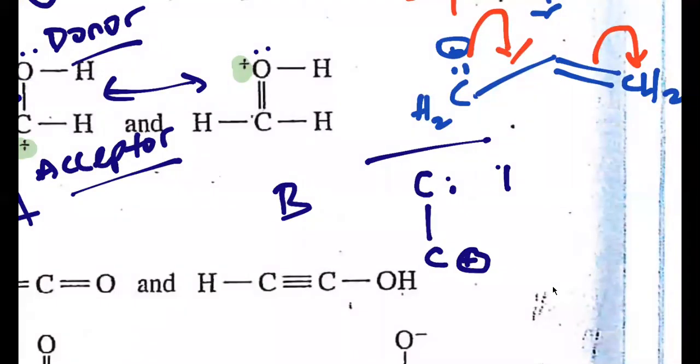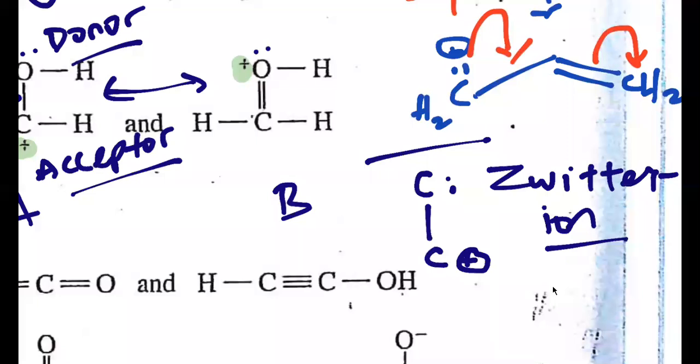It's technically called a Ritter ion, but you can see here where you have your donor and your acceptor, and they are right next door to one another.